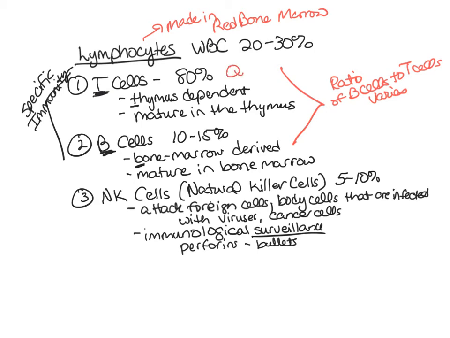The T cells are basically quicker. What that means is they start producing immunity faster than the B cells do. The production of lymphocytes is called lymphopoiesis. If you remember again, poiesis means the production of, and lympho means lymphocytes. So this is another name for lymphocyte production.